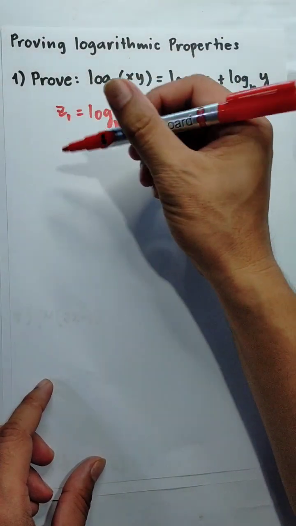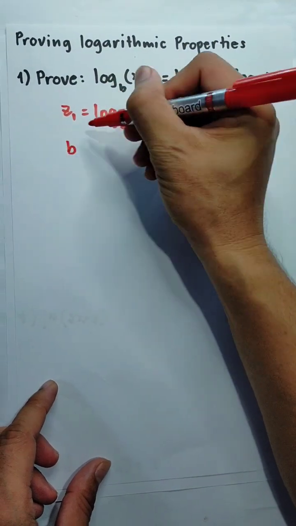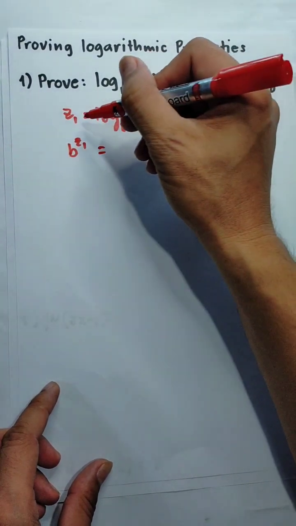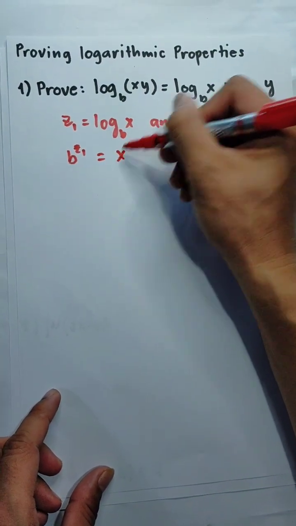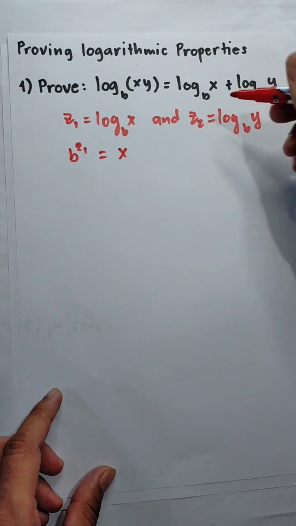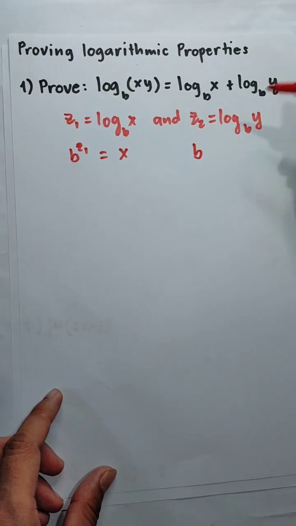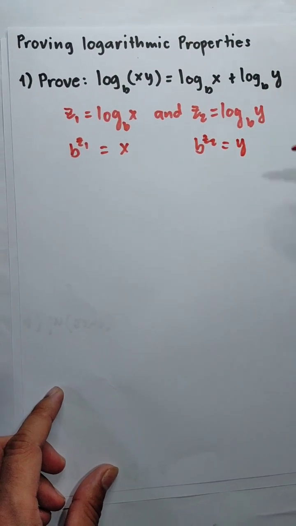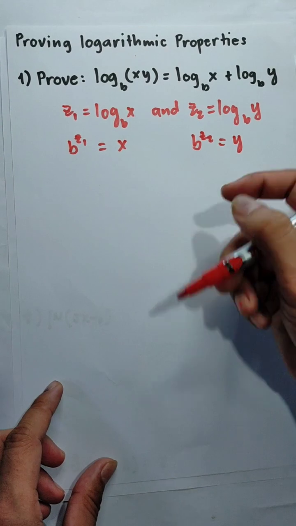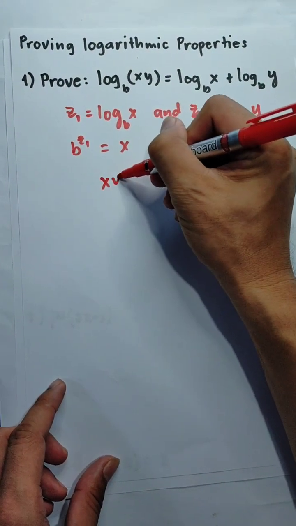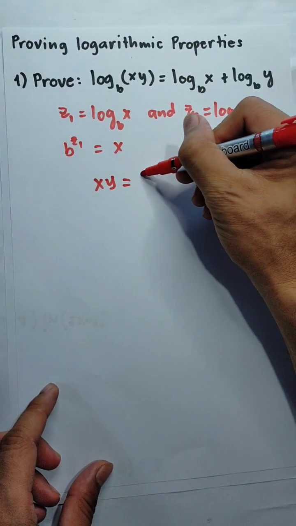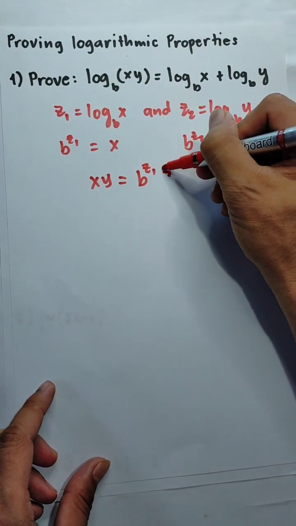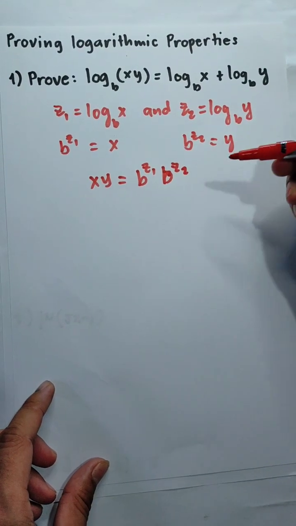That is b to the z sub 1 equals x, and then this one is b to the z sub 2 equals y, and then let's multiply x and y together. So x is equal to b to the z sub 1, and y is equal to b to the z sub 2.